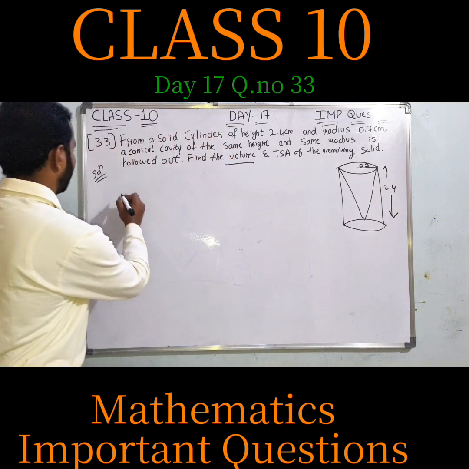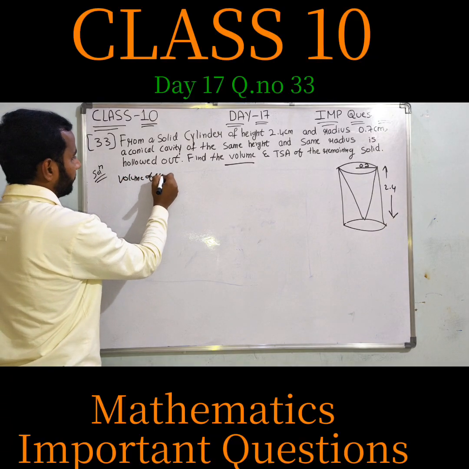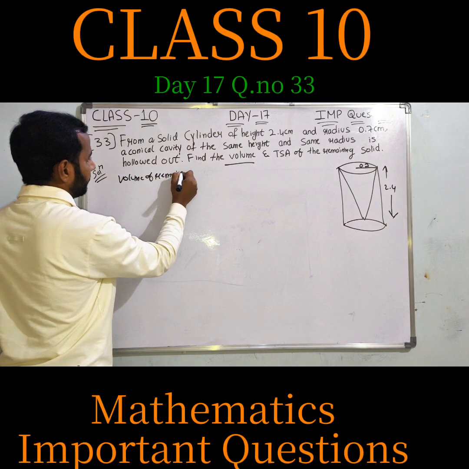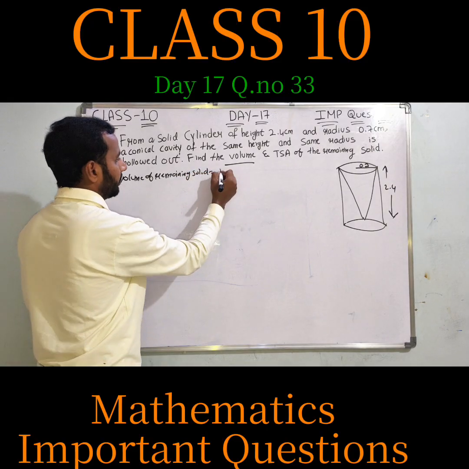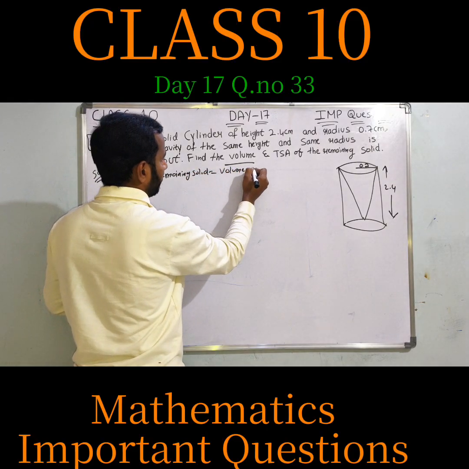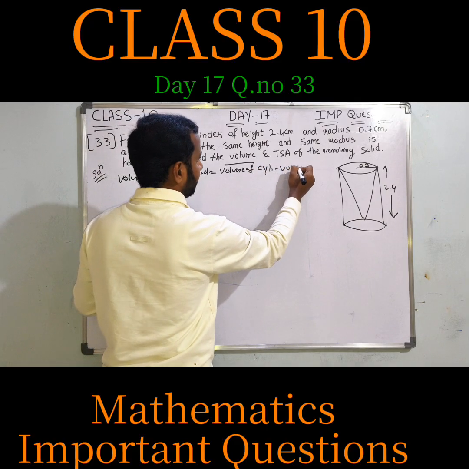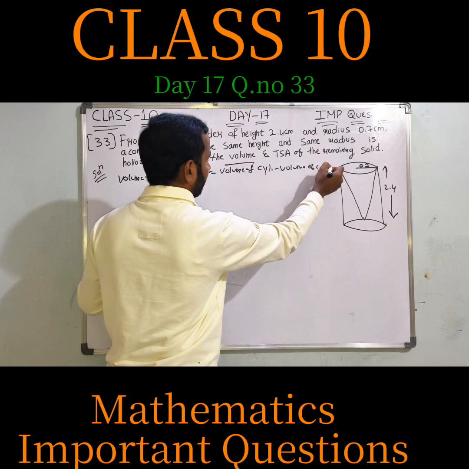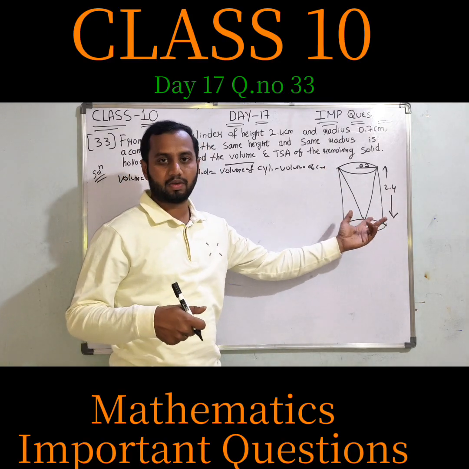Let us do it. Volume of the remaining solid is equal to volume of cylinder minus volume of cone.